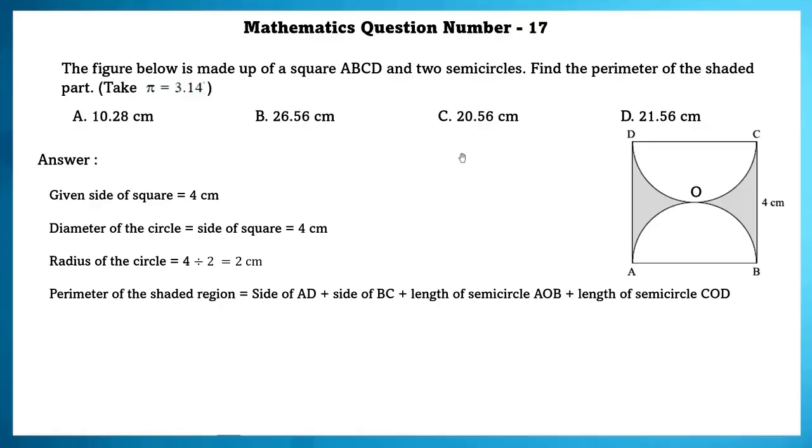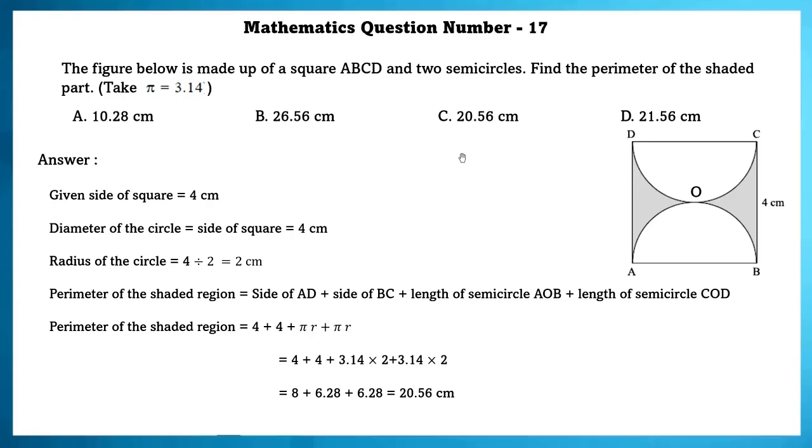Now, perimeter of the shaded region is equal to side of AD plus side of BC plus length of semicircle AOB and length of semicircle COD. Perimeter of the shaded region is equal to 4 plus 4 plus pi r plus pi r, that is 20.56 centimeters.